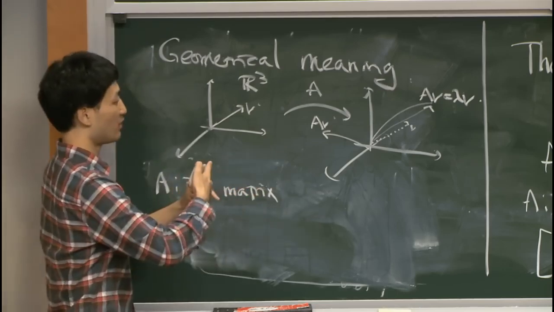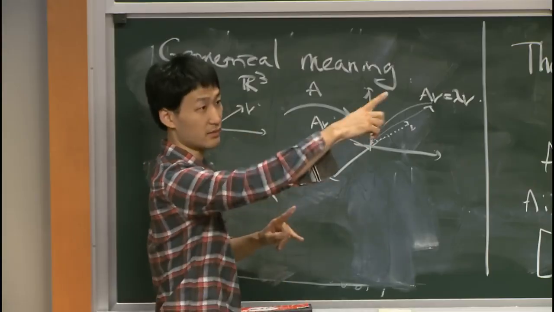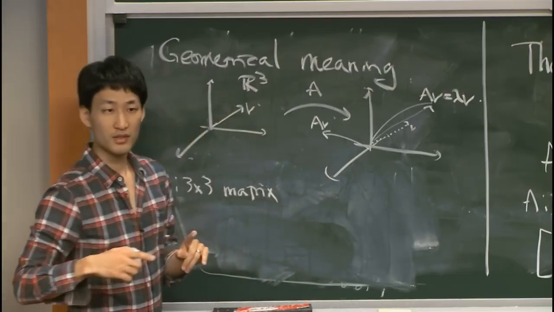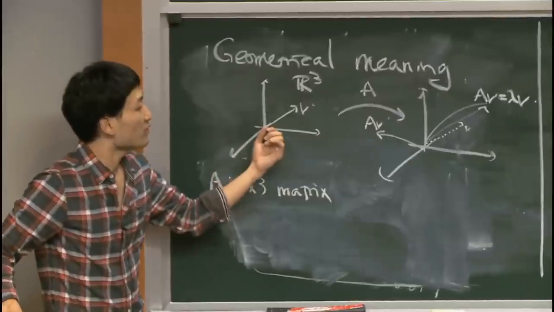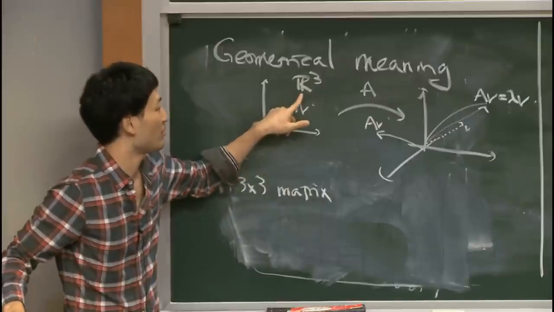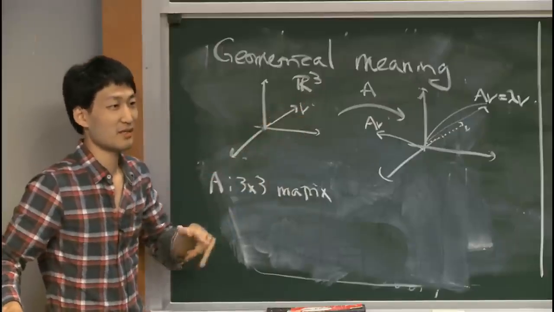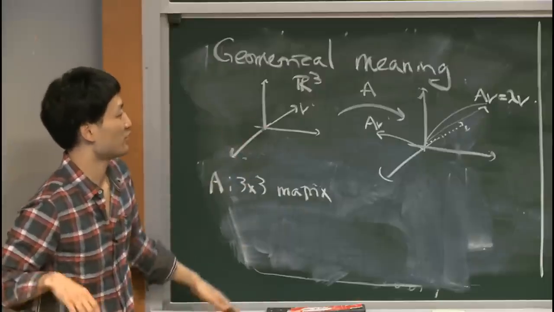There is some vector where the linear transformation defined by A just scales that vector, which is quite interesting. If you've never thought about it before, there's no reason such a vector should exist. Of course, I'm lying a little bit because these might be complex vectors, but at least in the complex world, it's true.